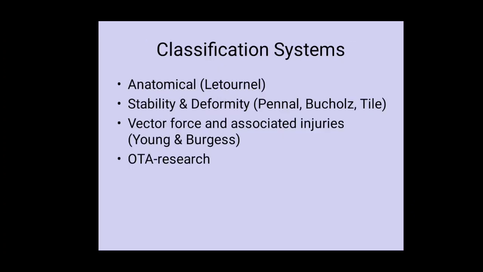Various classification systems for pelvic injuries were developed. So why do we need classification? First of all, we need it to estimate the patient's general condition, to predict whether he is hemodynamically stable or not. Another thing, we should predict the possibility of internal organ damage.